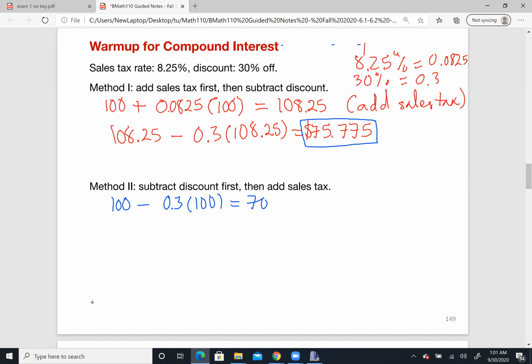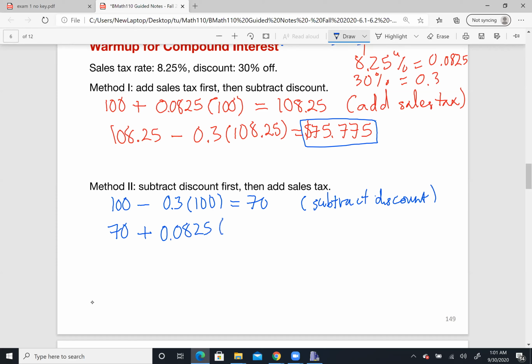Okay, now you're going to add in the sales tax. So in here, I say subtract discount. And then use 70, you're going to add the sales tax.